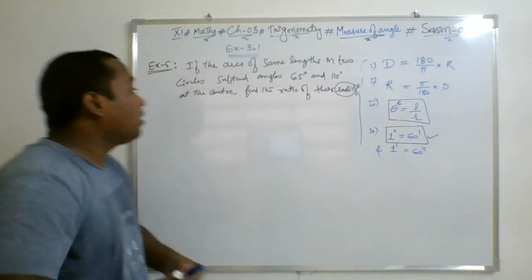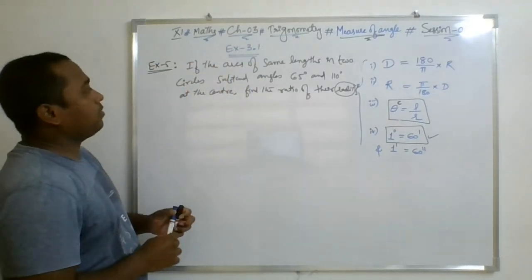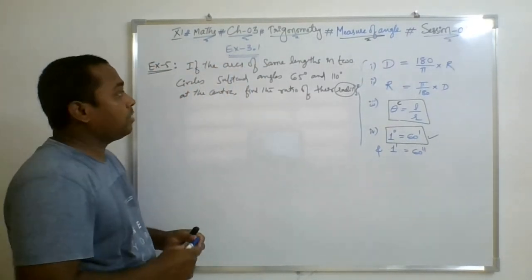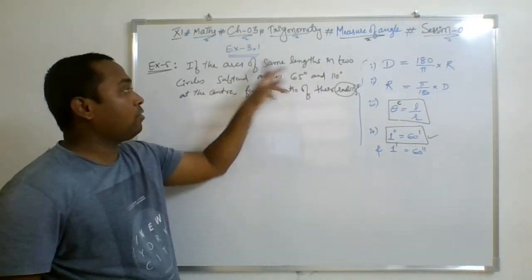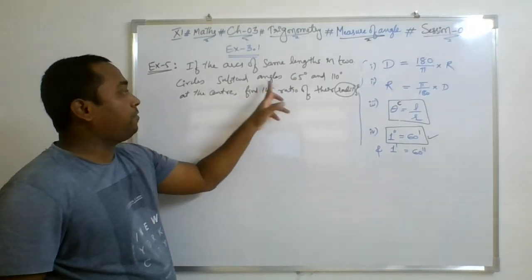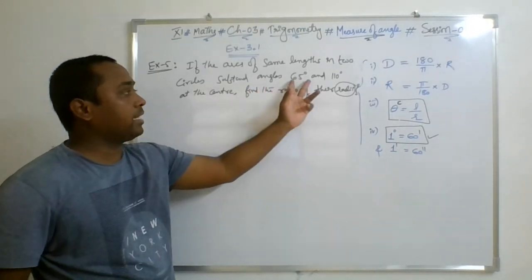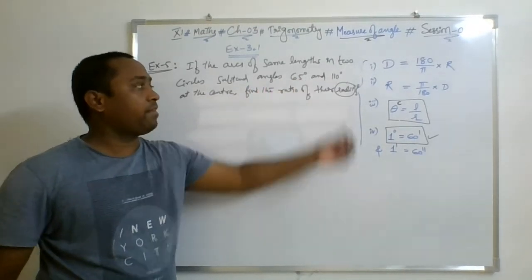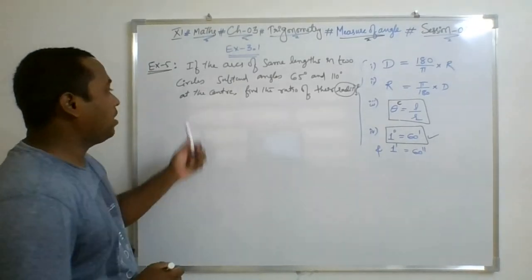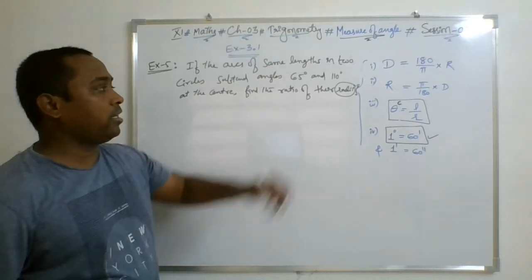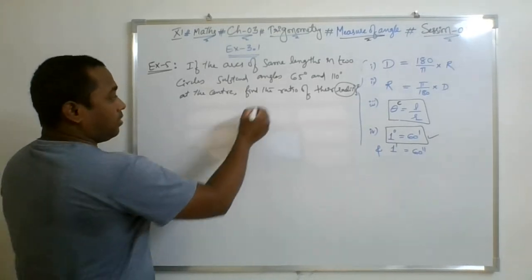Now, what they are asking: there are two different circles, but the arc of same length in the two circles forms the angles at the center 65-degree and 110-degree, and we need to find the ratio of their radii.